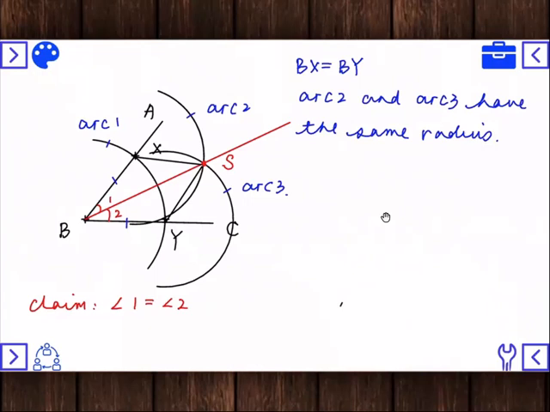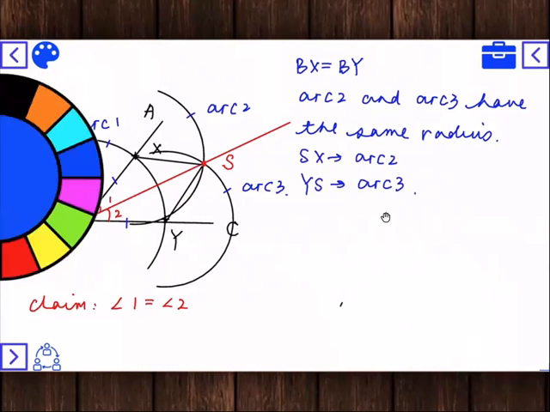What is SX? SX is the radius of arc 2. What is YS? YS is the radius of arc 3.